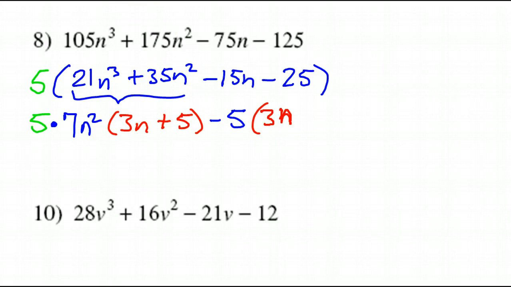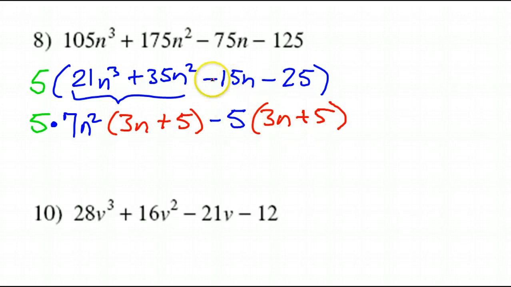These are my handwriting, so I have no excuse. 5 times 3 is 15, so I have 3n in there. Negative 5 times positive 5 will give me negative 25. Okay, so I've got this right here.